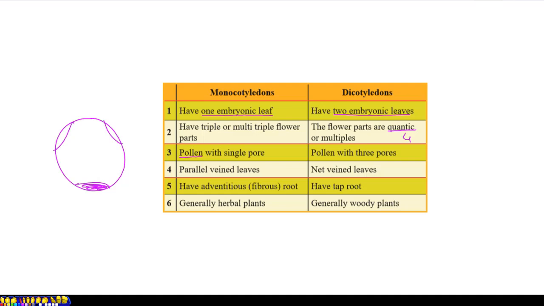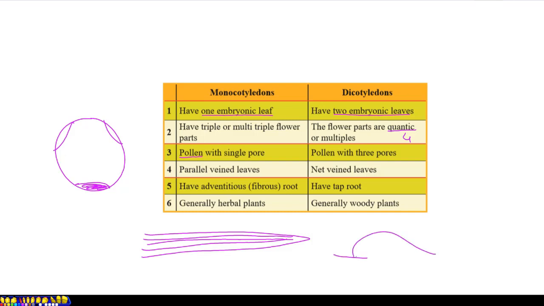Parallel veined leaves are the leaves of monocotyledons, like in grass or date palm trees; the leaves are thin and long, and their veins, meaning xylem and phloem, are parallel to the outer surface. But in dicotyledons, the leaves look like this, and they have no parallel veins, but net veins of xylem and phloem.